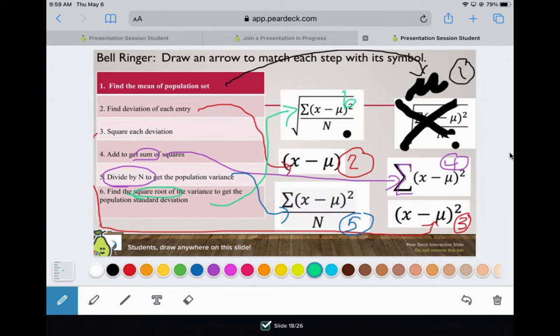Sometimes you may not remember the symbol, but the keyword is telling you: the mean, find the deviation or the difference. Number 3 is you square it. Square it means to the second power. Number 4, sum means the total. And number 5 tells you divide by n. Number 6, you take the square root. So those are the 6 steps, and we already finished with population standard deviation calculations.